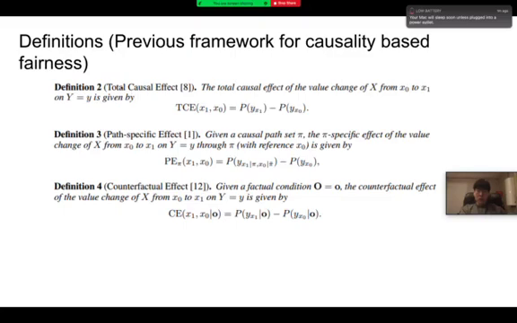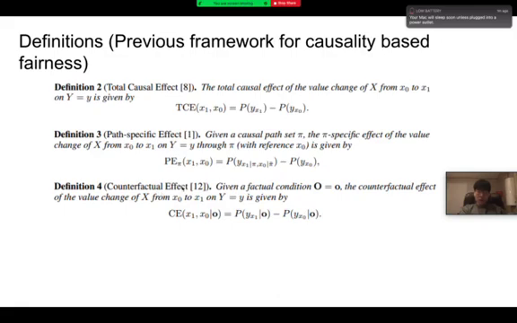So to give some definitions of previous frameworks for causality-based fairness, the total causal effect is the total causal effect of the value change of x on y. The path-specific effect is, given a causal path, the path-specific effect of the value change of x on y through that path, and it's denoted with this equation.